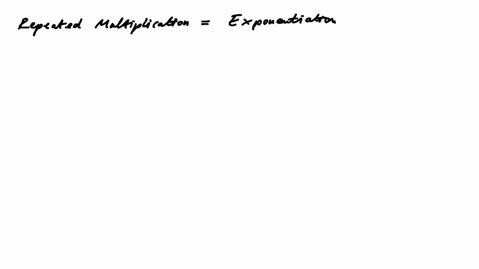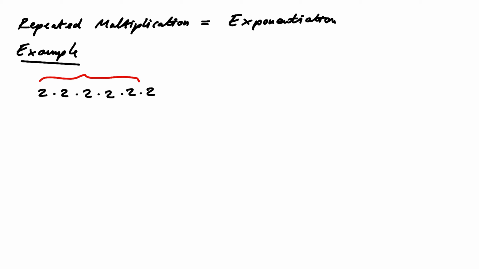Just as an example, let's say 2 times itself, let's go to 6. So I multiply 2 by itself 6 times. Well, that's equal to 2 to the 6, of course. That's the notation I'm used to using. What's that actually equal to? 2 to the 6 is 64.